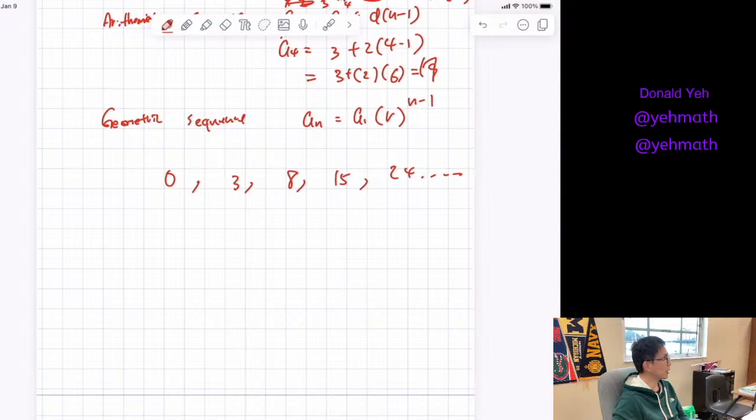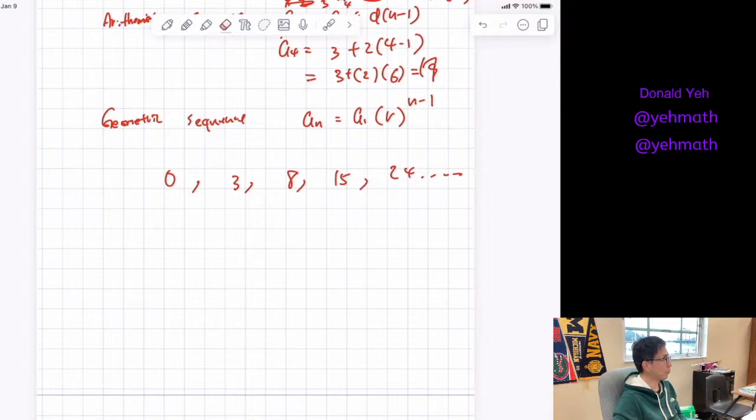Is this geometric? It's like 5, 7, so it's like adding 2, then after. So it's not really arithmetic. It's not really geometric. The thing is, not all sequences are arithmetic or geometric. It could be different, right?